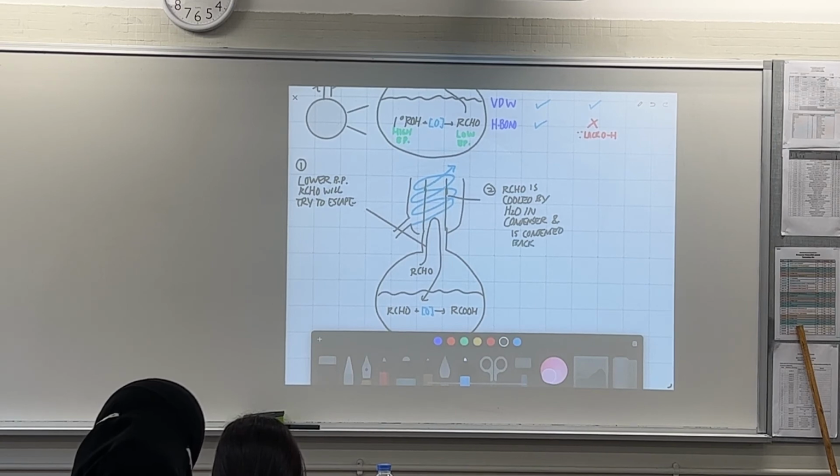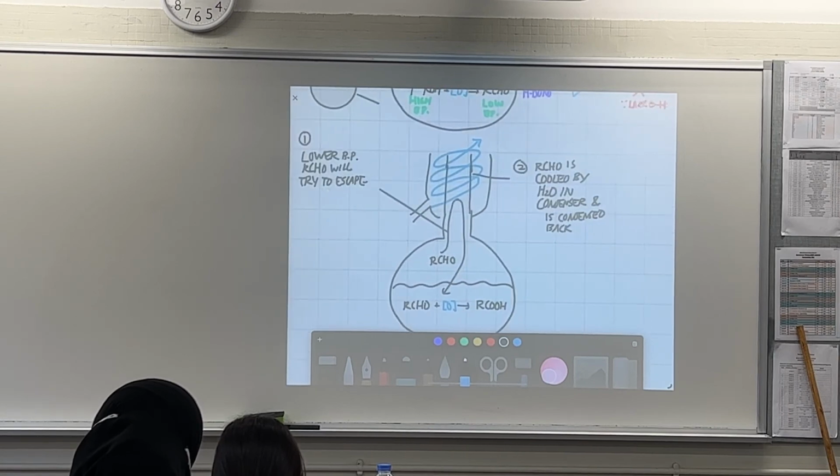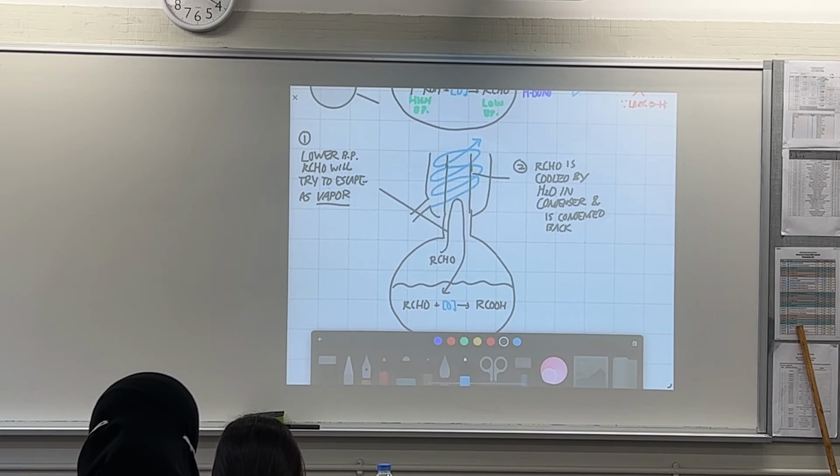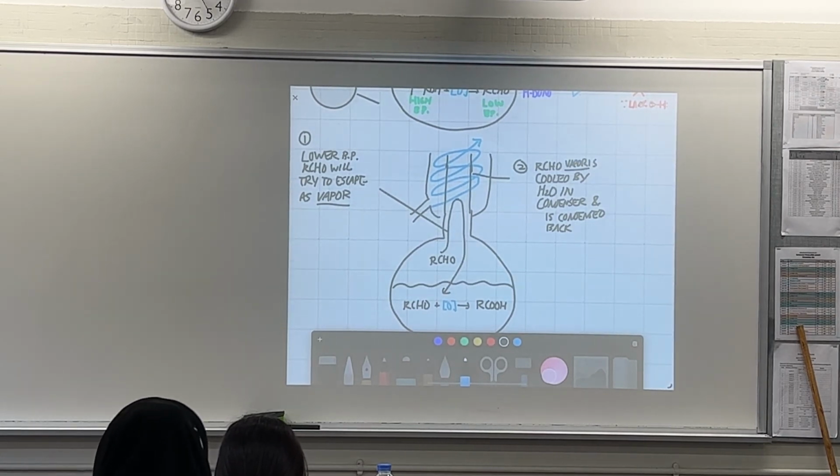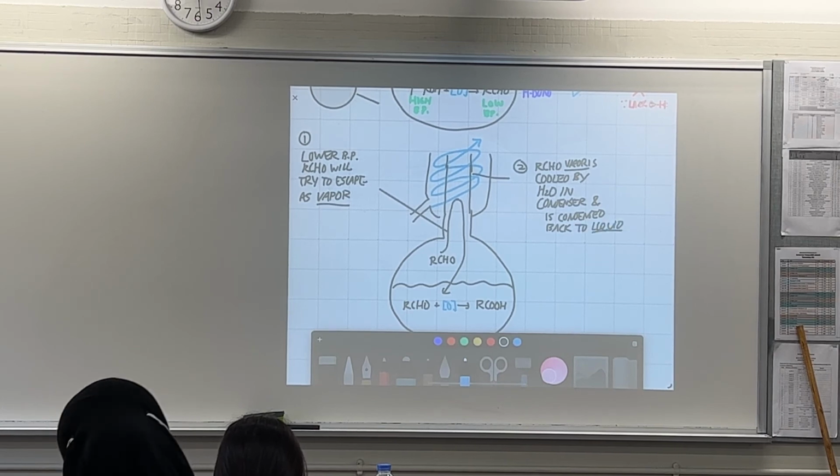You know, when things are back in the liquid state, they will not rise anymore. Only vapor can rise. So it will try to escape as vapor, but then the RCHO vapor will be cooled by the condenser and condensed back to a liquid. So as a liquid, it will fall back down.